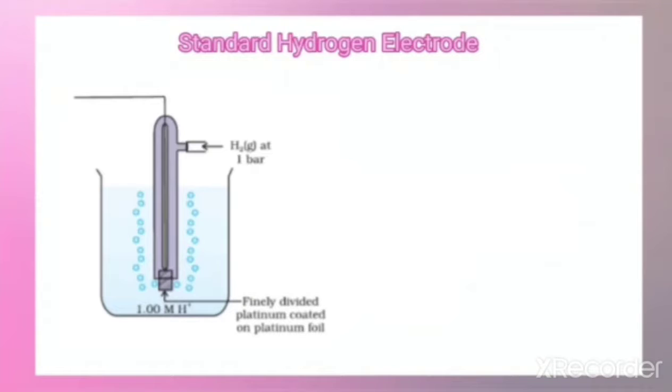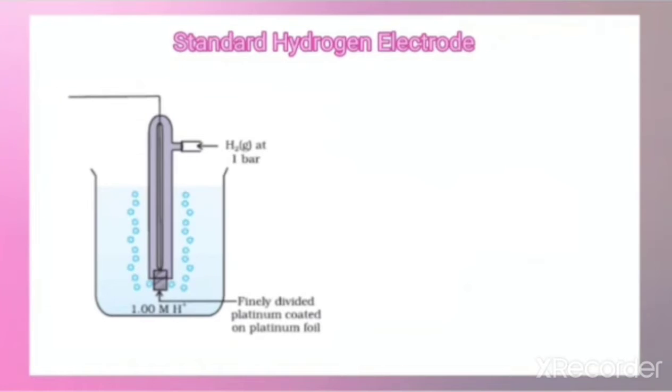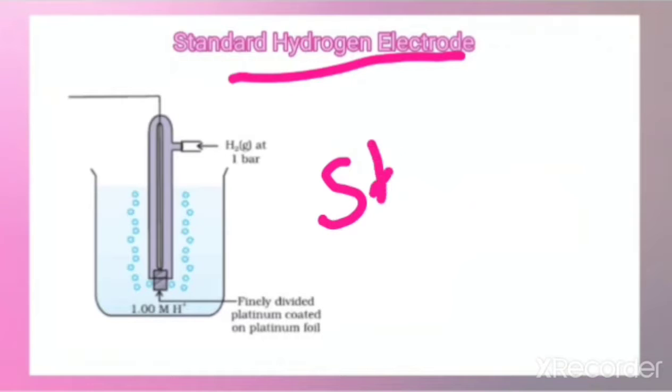Now, what is the standard hydrogen electrode? In order to find the relative electrode potential of an electrode, a reference electrode is used, which is universally accepted as a reference electrode. That is called the standard hydrogen electrode, in short represented as SHE: S for standard, H for hydrogen and E for electrode.